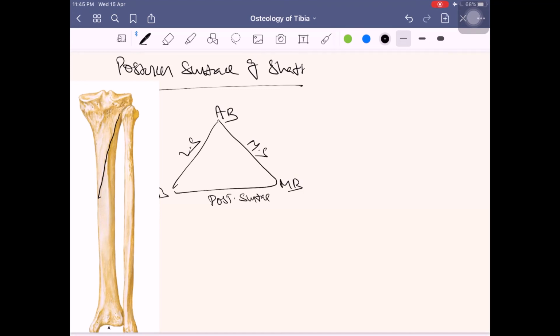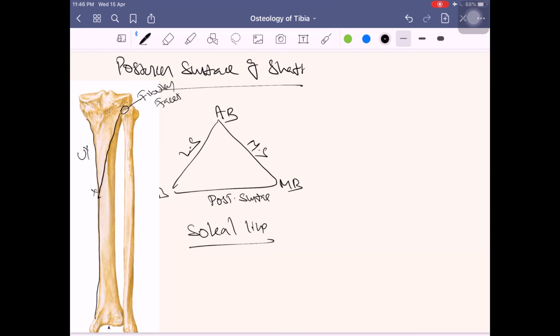So this ridge is what we call the soleal line. Soleal line is a bony rough ridge which is extending from the fibular facet for the head of the fibula till the junction between the medial border of upper one-third and lower two-thirds. That is the extent of your soleal line.